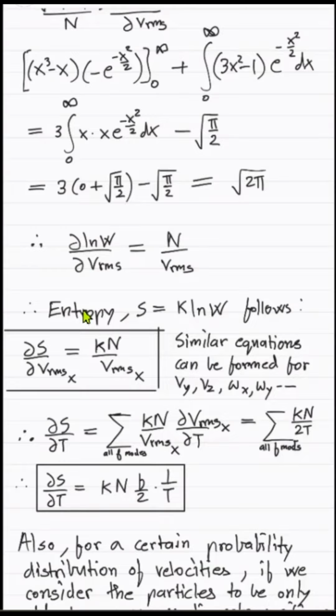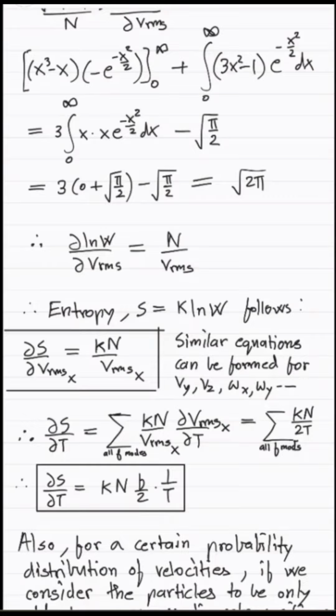Even for rotational degrees of freedom, you might get the same kind of thing. So we get partial S upon partial VRMS in the x direction equal to K times capital N upon the VRMS in the x direction. Similar equations can be formed for Vy, Vz, Wx, Wy, Wz, all of these degrees of freedom.